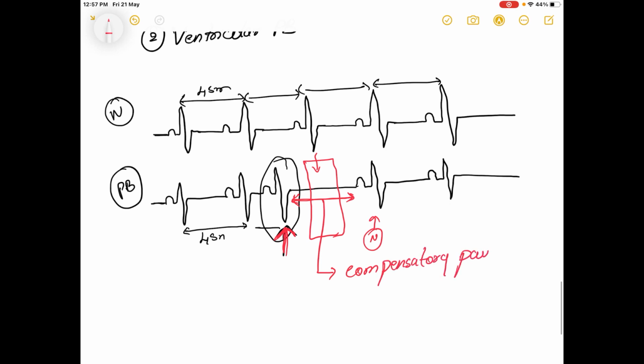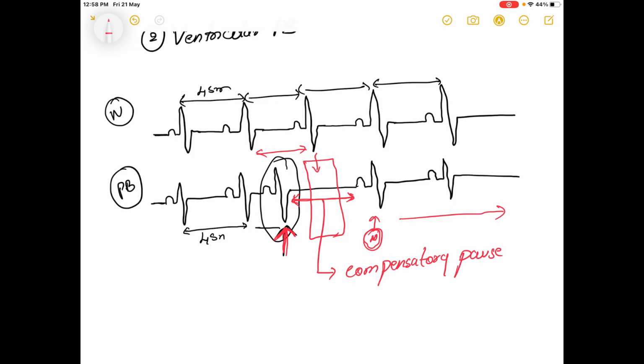This is because the premature beat occurred prior to the next sinus beat. To compensate this duration of time for the next sinus beat, there is a pause. After the pause, there is a normal sinus beat and the normal sinus rhythm is established. So this is the concept of compensatory pause.